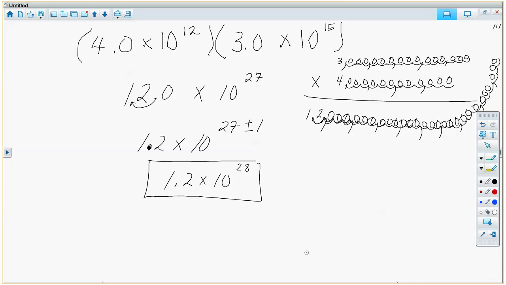Million, billion, trillion, zillion, and then it goes gazillion and quadrillion. After that, I don't know what it is. There's your answer.